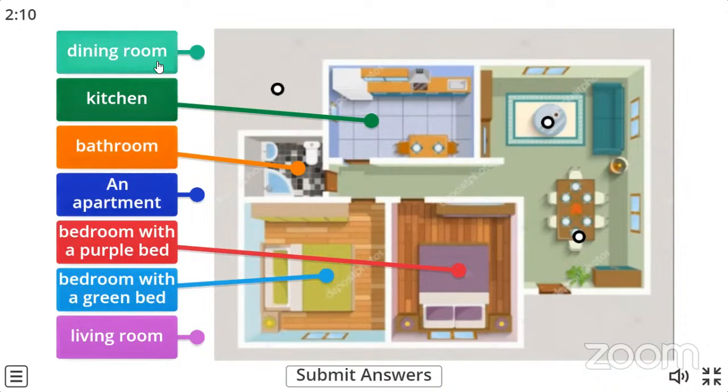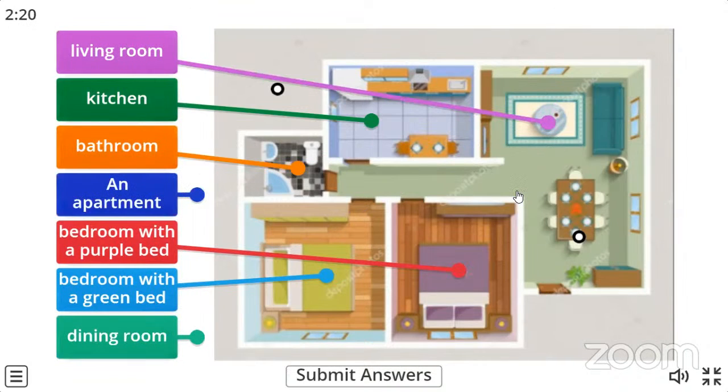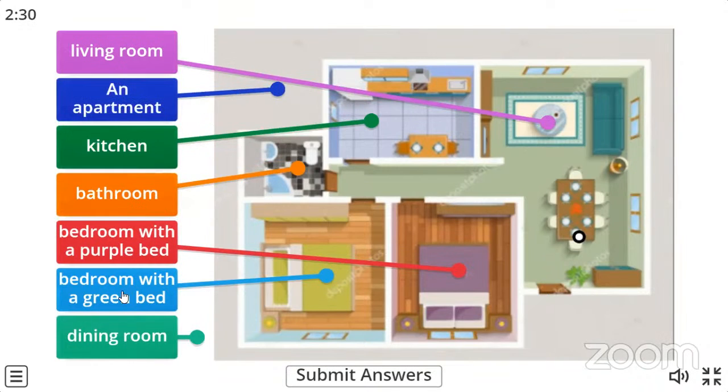This is the living room, right? And where is an apartment? Hall. Yes, all rooms, right? And dining room, comedor, no?